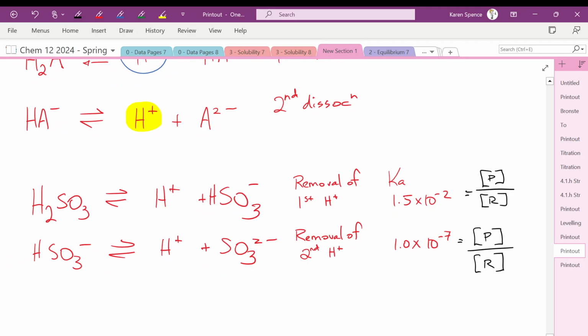And what is H plus? H plus is a product or reactant? Product. Was the removal of the first H easier, harder, or the same as the removal of the second H?